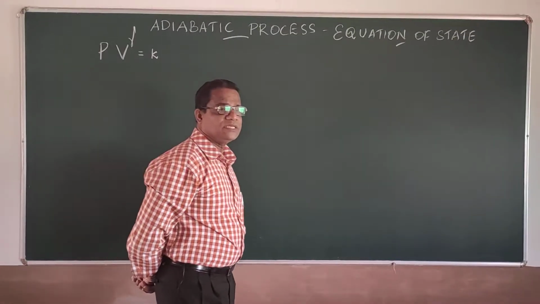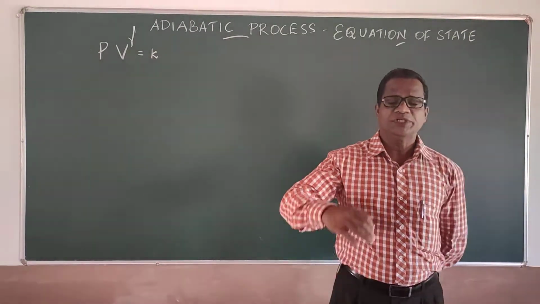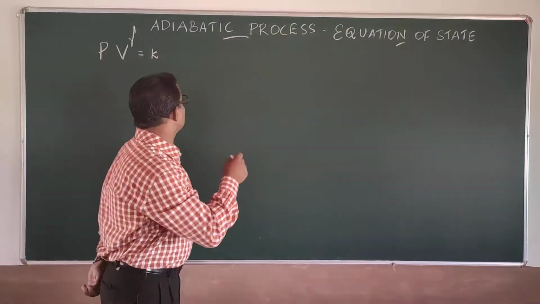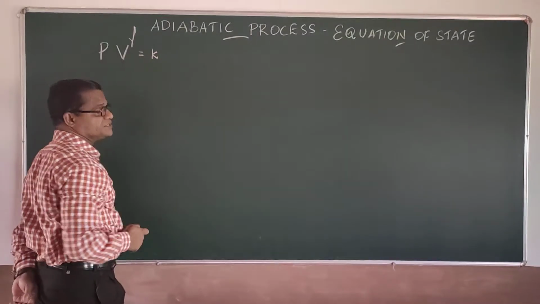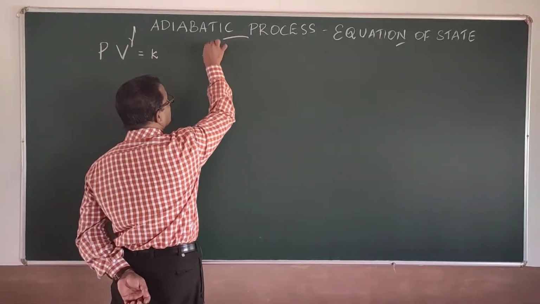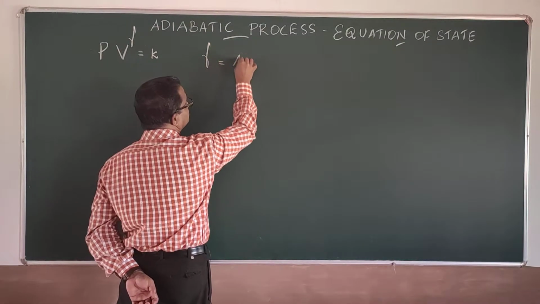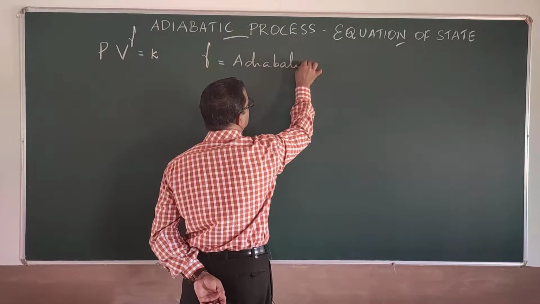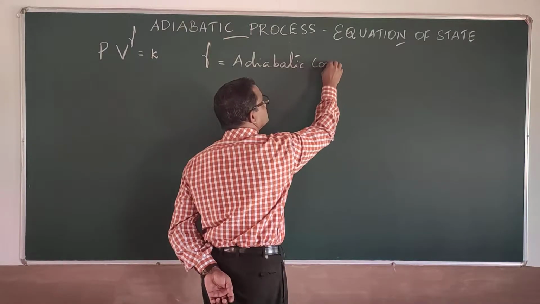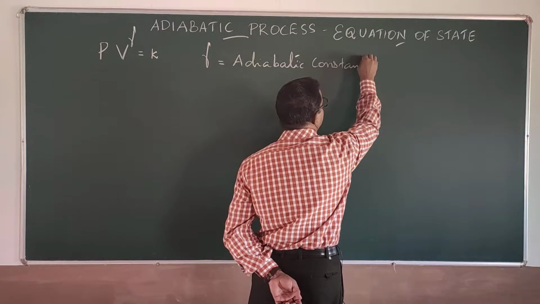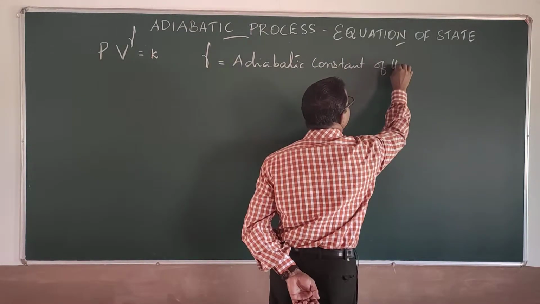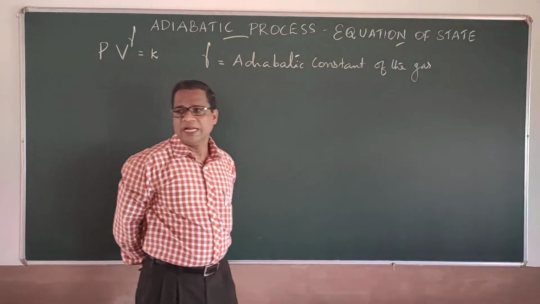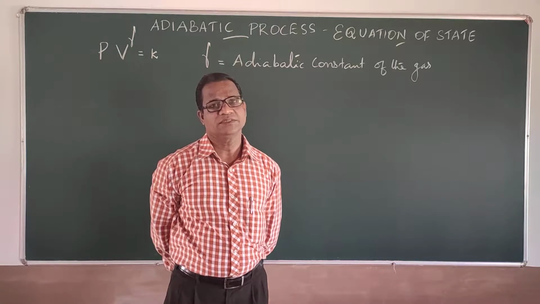As we don't require the derivation here, we are taking the equations directly. So pressure into volume raised to gamma is a constant, where gamma stands for the adiabatic constant of the gas.